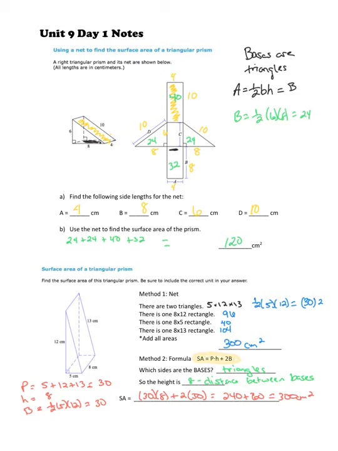Surface area equals perimeter times height plus 2 times the base. Perimeter is around the base, the perimeter of the base. Height, the distance between the 2 bases. Big B, the area of the base. All that's written down on the previous page. Repeat it after yourself, do it lots, and you'll be fine.